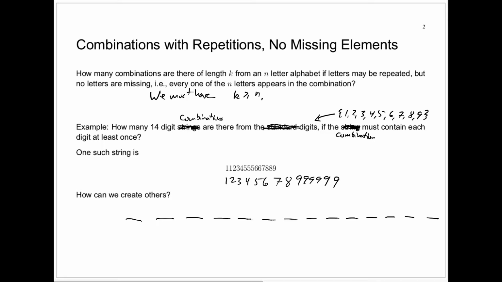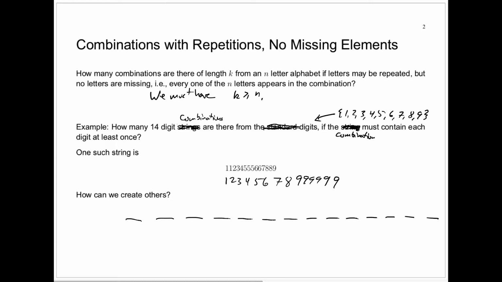Here's an example. How many 14-digit combinations are there from the digits 1, 2, 3, 4, 5, 6, 7, 8, 9, that's a 9-letter alphabet, if the combination must contain each digit at least once?